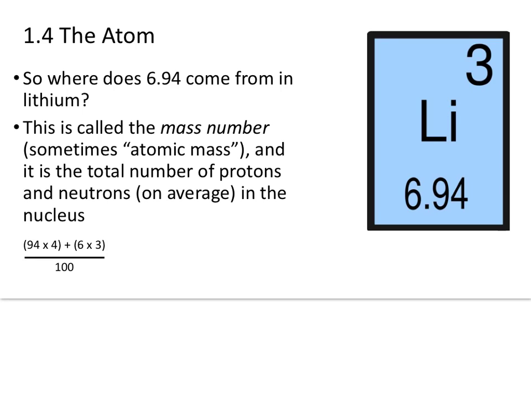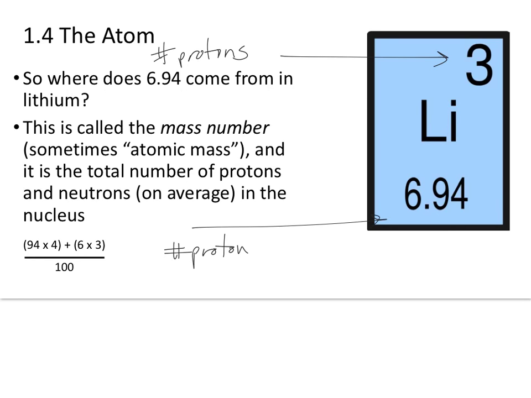So let's look a little more closely at this. This number right here is the atomic number of protons. And lithium will always have 3. This number is called the atomic mass. And it's a number of protons and neutrons.